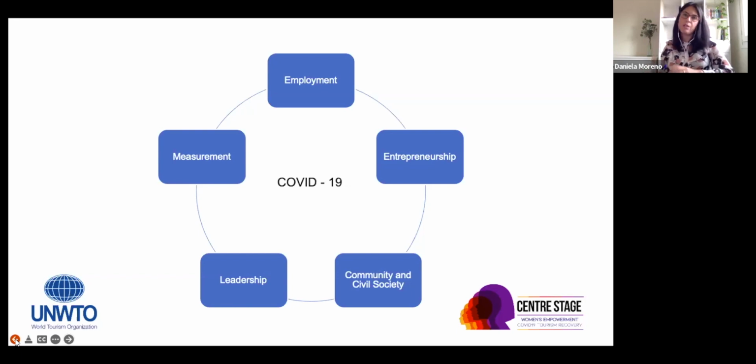Another point that is now a priority for women entrepreneurs that we need to think about is access to financial instruments, right? So in general, women entrepreneurs face this barrier. For them, it's very difficult to access financial support, financial instruments.